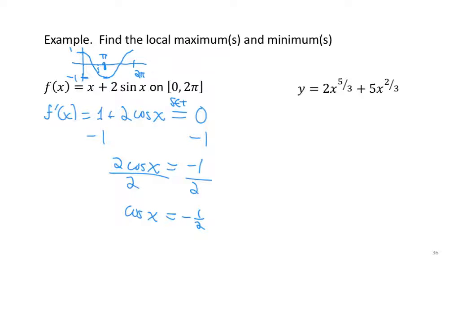Turns out that that's going to be at 2 pi over 3. That's the only place where the derivative is going to equal 0 in this interval of 0 to 2 pi. Or wait, actually that's not true. There's another place right here. That turns out to be 4 pi over 3.